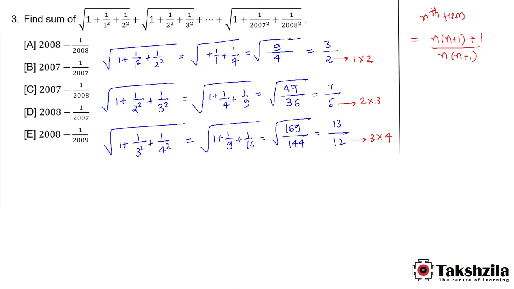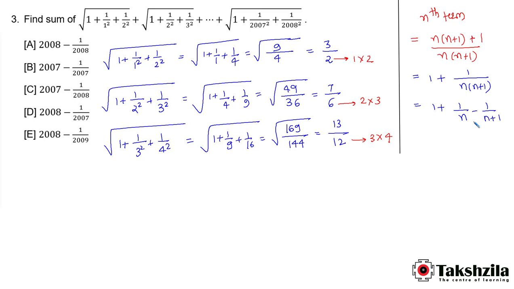If you separate the denominator, it will become 1 plus 1 divided by n into n plus 1. That is equal to, you can again write it as, 1 plus 1 by n minus 1 upon n plus 1. This is the formula to find the nth term.